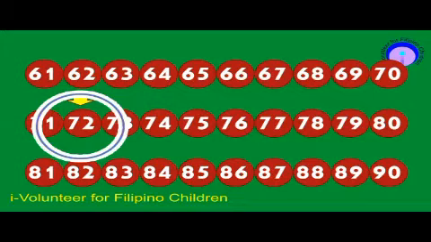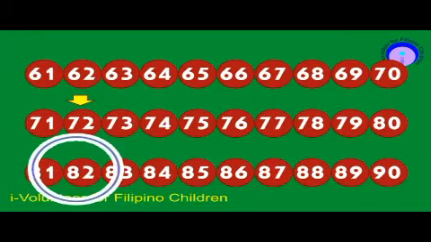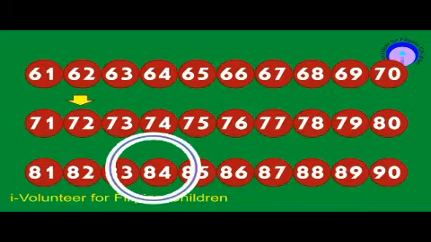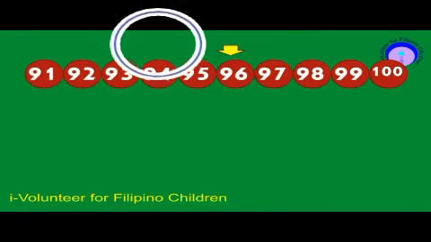What is next after 72? 72 plus 10 plus 2 is what number? Absolutely, you are correct. It's 84. Let's proceed. After 84, what is that number? 84 plus 10 is 94.